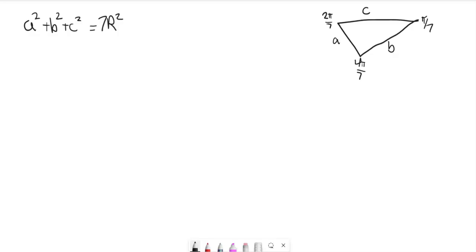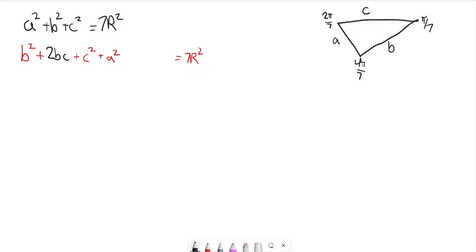So what I'm going to start off with is something interesting here. I'm going to rearrange this statement so I get b squared plus c squared, and then plus a squared after that, with a little spacing between this here to get 7r squared. Now, what am I doing? I am going to add in 2bc right here.